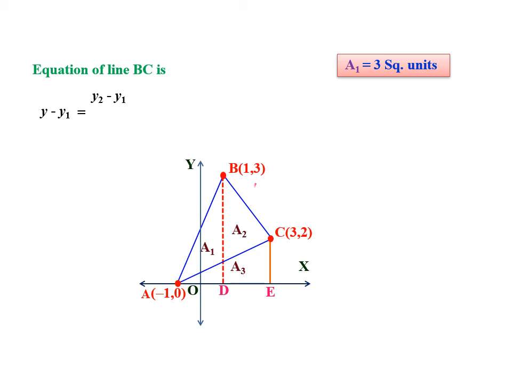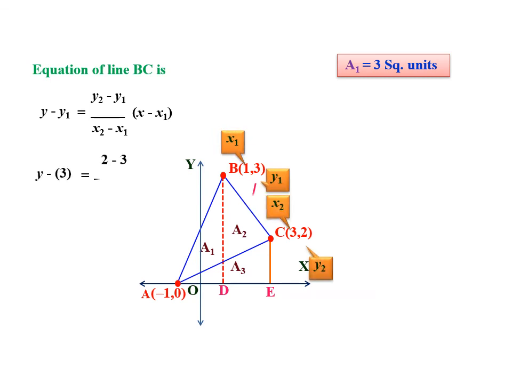First we require the equations of the lines AB, BC and CA. So y minus y1 is equal to y2 minus y1 upon x2 minus x1 into x minus x1. Applying the formula, we get 2y equals 3x plus 3, or on simplifying we get y is equal to 3 by 2 into x plus 1.